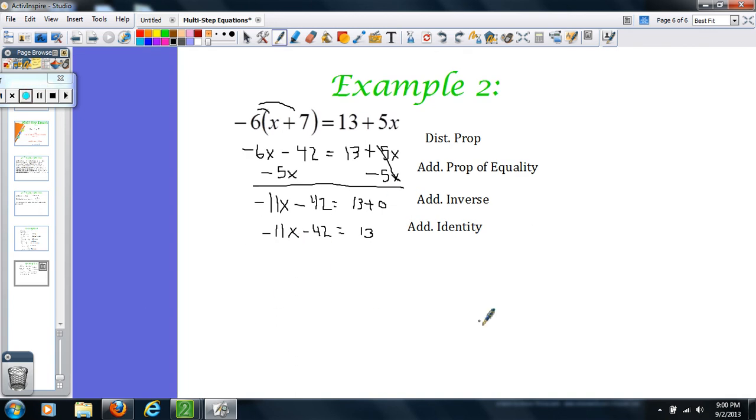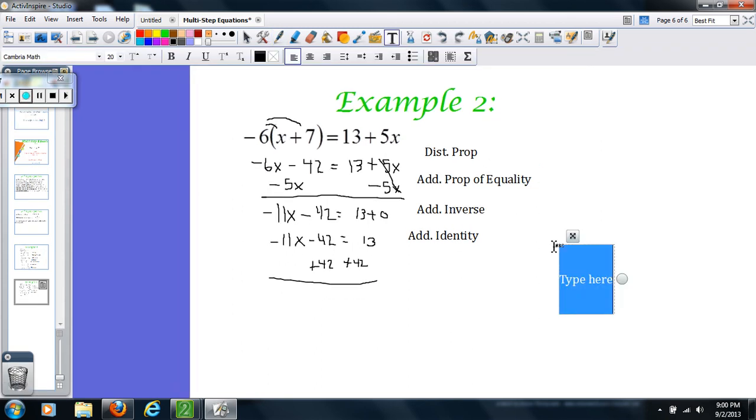And now you have a problem similar to what we had before, so now I'm going to add 42 to both sides. And that will be our additive property of equality, which goes here.